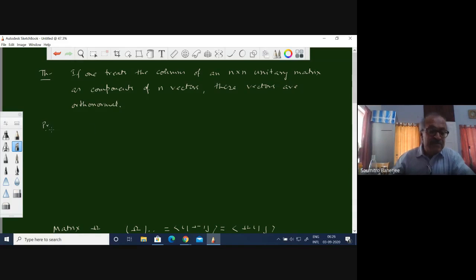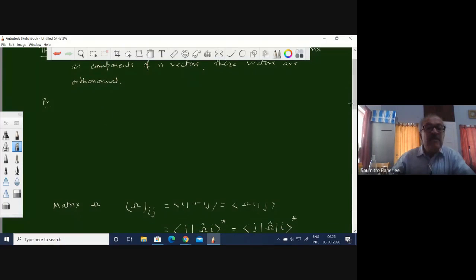Let's prove it. Let's do that a bit quickly. We know that U dagger U is the identity matrix. So we start with the I, J element of the identity matrix, which we know has only the diagonal, therefore this is nothing but delta Ij.